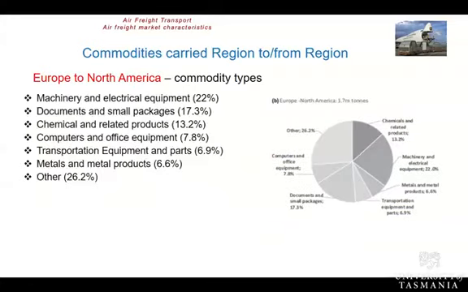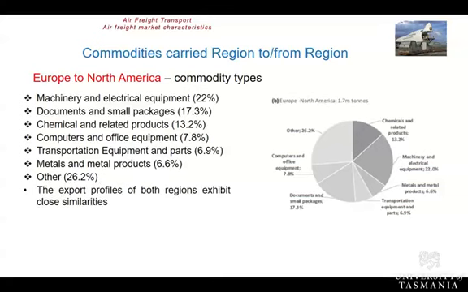Now, where it does get interesting is when you have a look at the goods moving from Europe to North America, and you'll note that all of those goods are also the same goods that are going the other way.